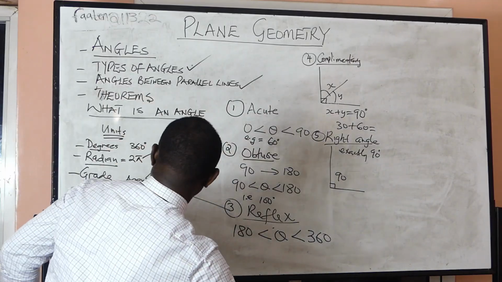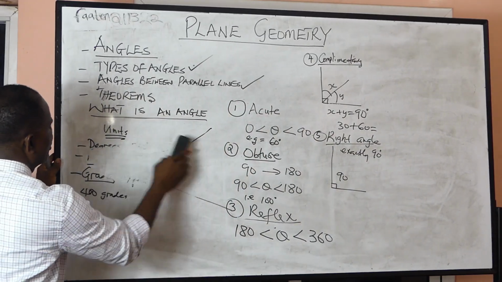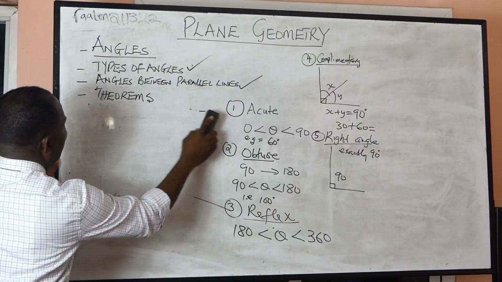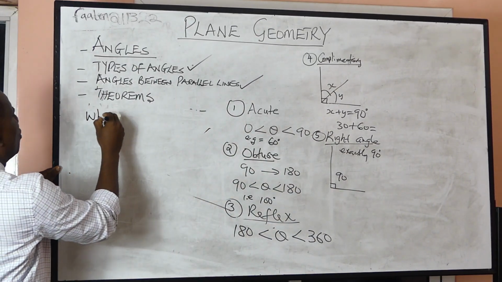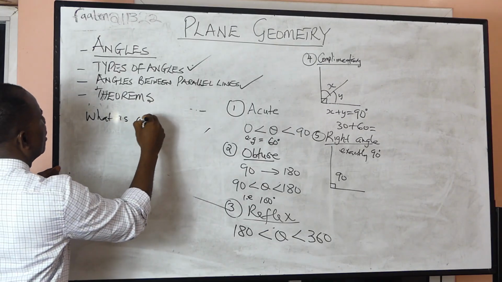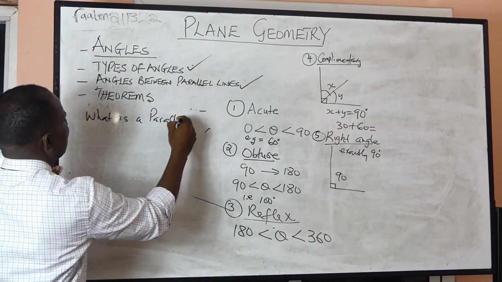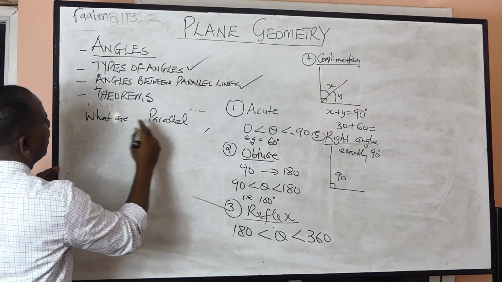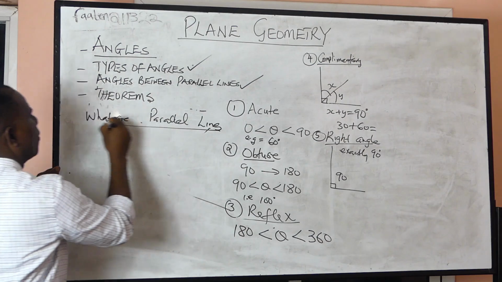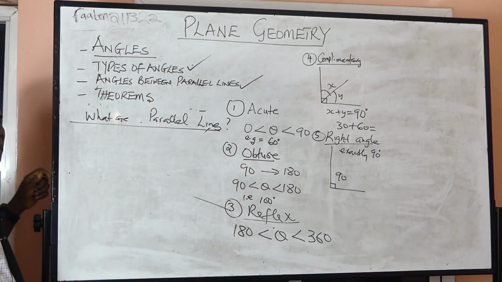First of all, we have to describe what a parallel line is. So let's see what parallel lines are first. What are parallel lines? So, properties of parallel lines.